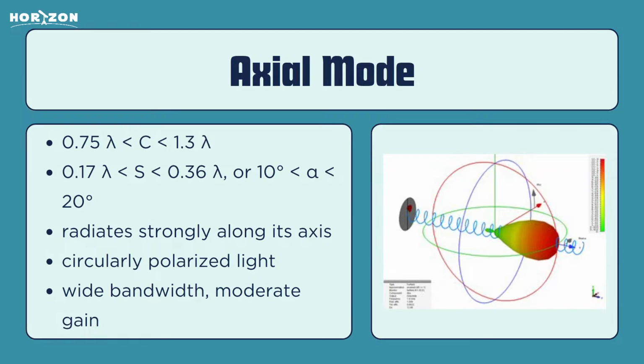In this mode, the antenna radiates strongly along its axis, as you can see from the figure, and the phase of the current increases by a regular interval with each turn of the helix. This acts as a wideband antenna with moderate gain.